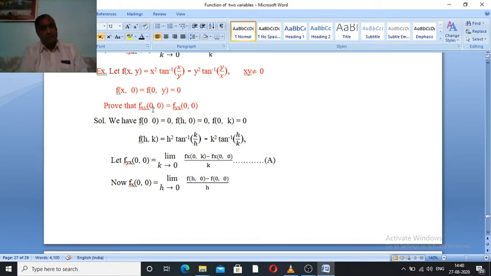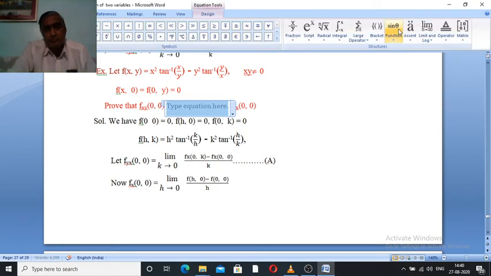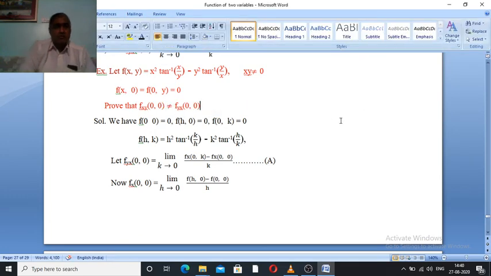Prove that f_xy(0,0) is not equal to f_yx(0,0).